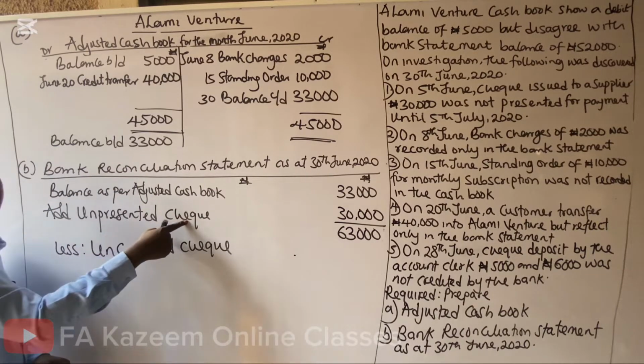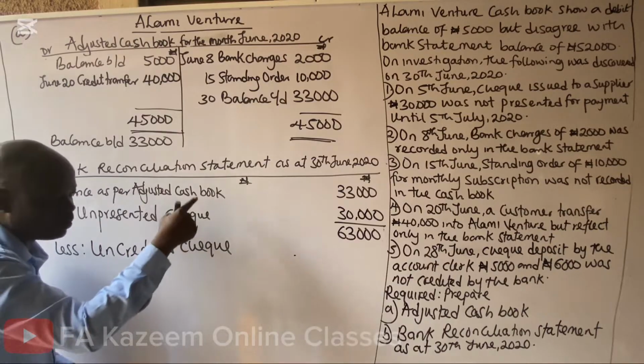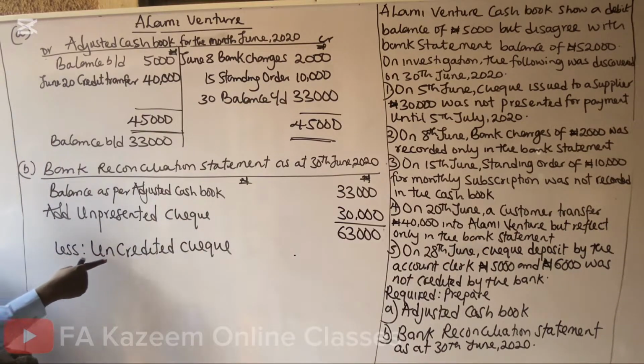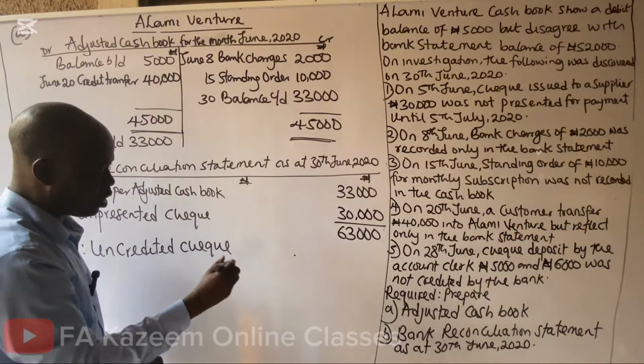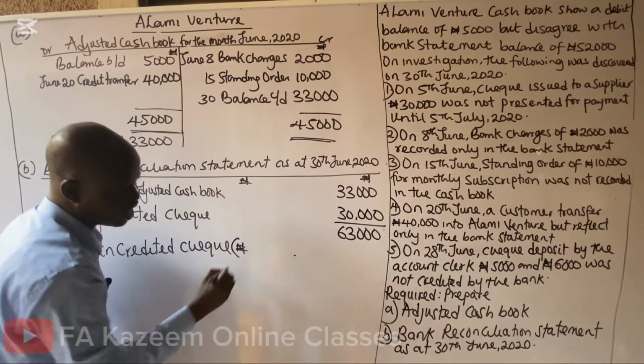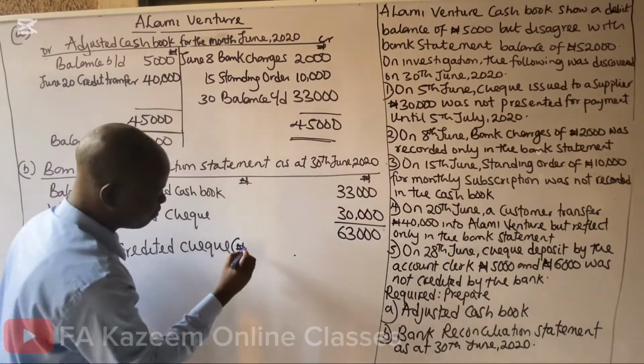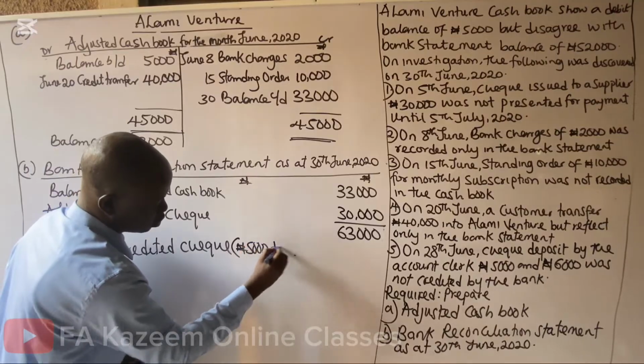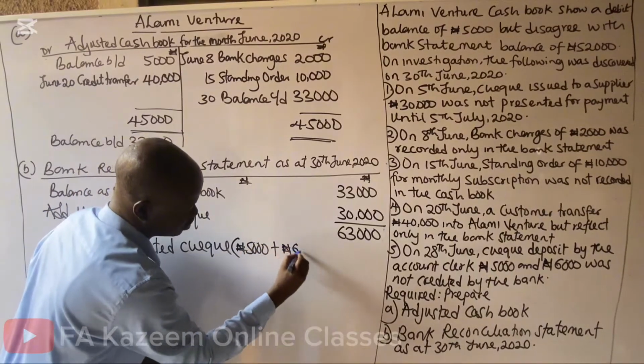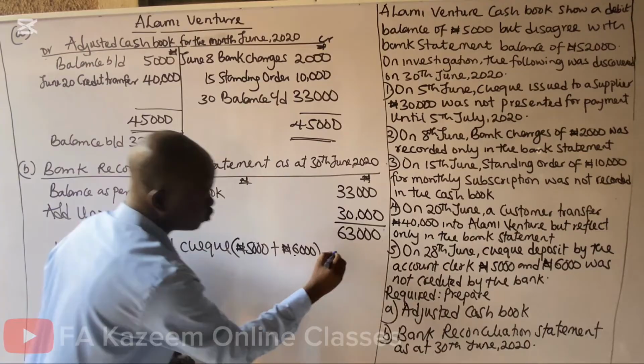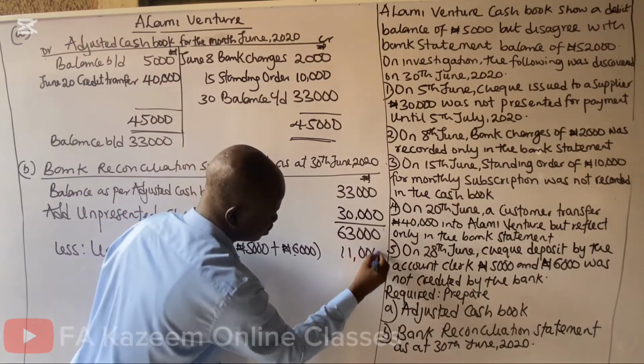Add unpresented check or check not presented, add back. Less all uncredited check. What are our uncredited check? Our uncredited check are two in number. We have 5,000 naira, and another uncredited check is 6,000 naira, giving us a total of 11,000.